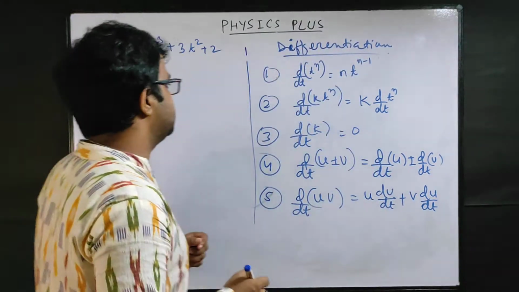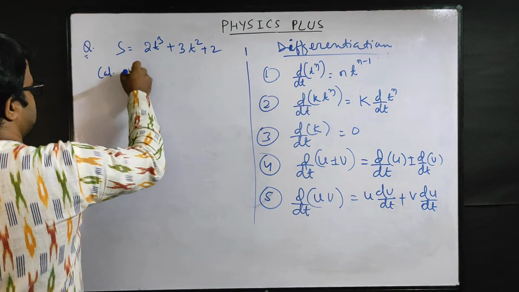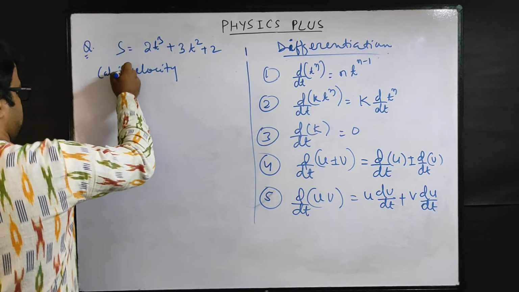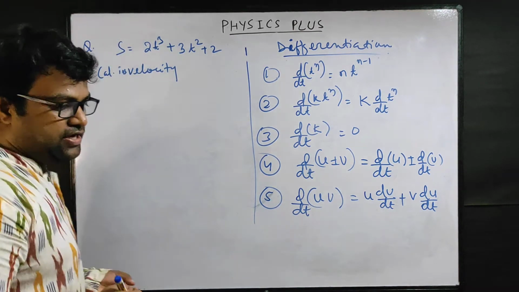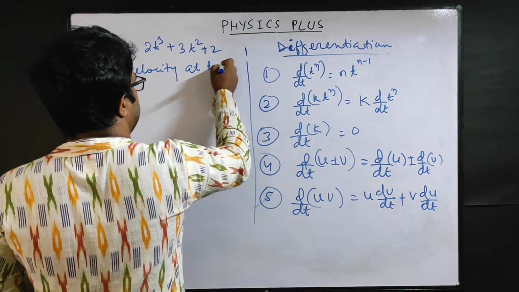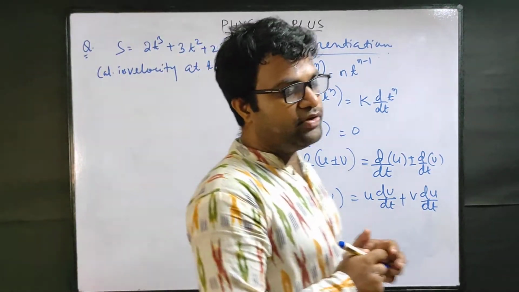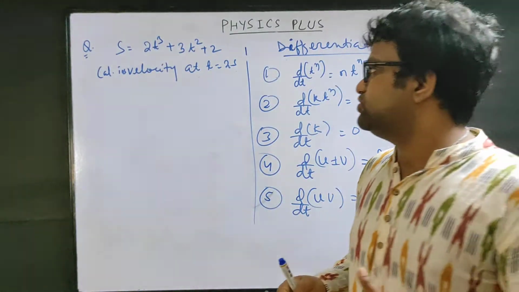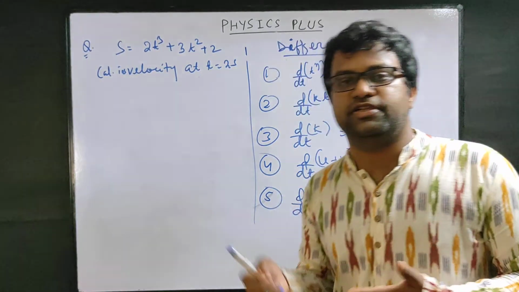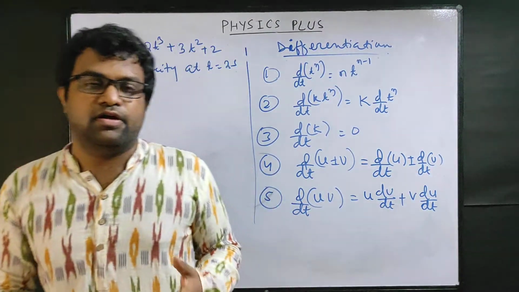So how will you get this? How will you find out? So calculate the velocity, or instantaneous velocity. Basically calculate the instantaneous velocity of the object at time t equal to 2 seconds, let's say. So how will you calculate? Here you cannot just divide, v equal to s upon t. You will not get the result because it's given in a variable.